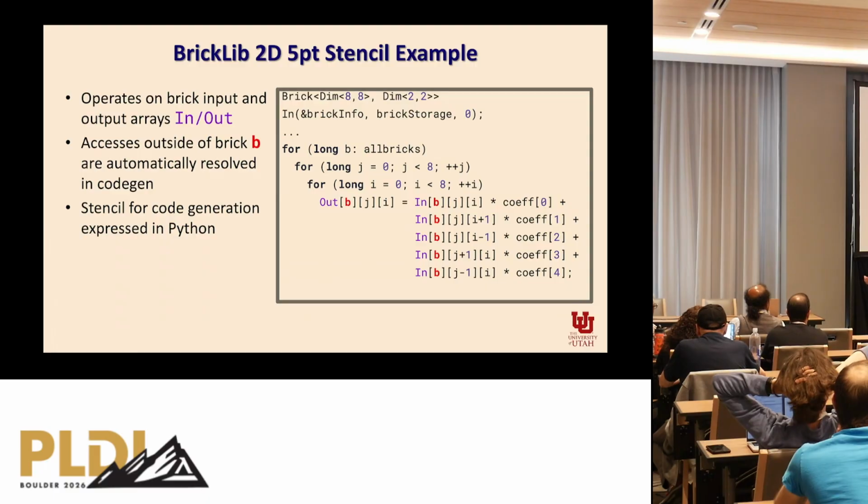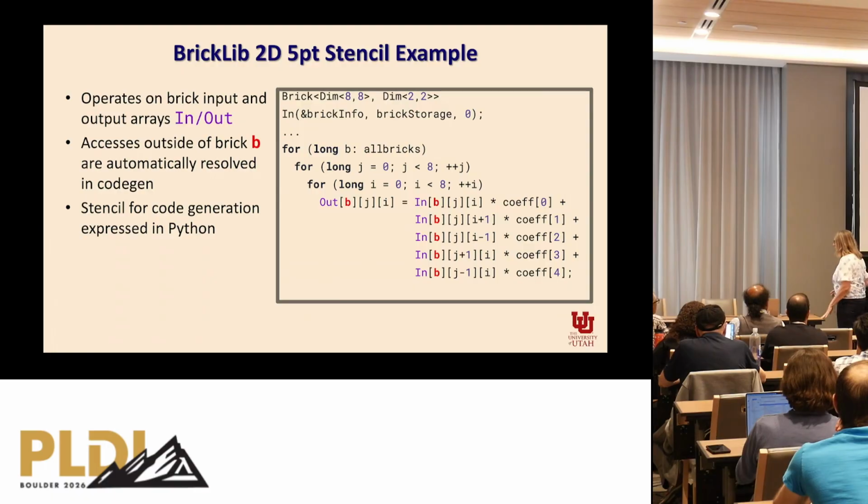If you optimize stencil code, you're going to go off the end of the brick in all dimensions. And the code generator knows that and is reaching into other bricks in order to generate the code. This is all Python-based.